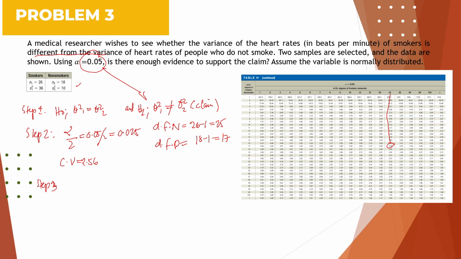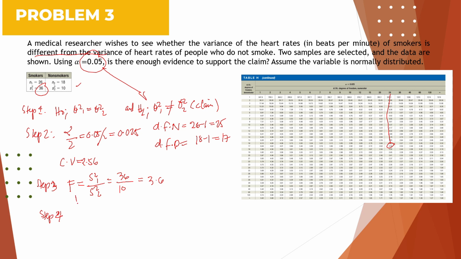To compute the test value, F is equal to the larger variance over the smaller variance. So the larger variance here is 36 and the smaller variance is 10. That is 3.6.